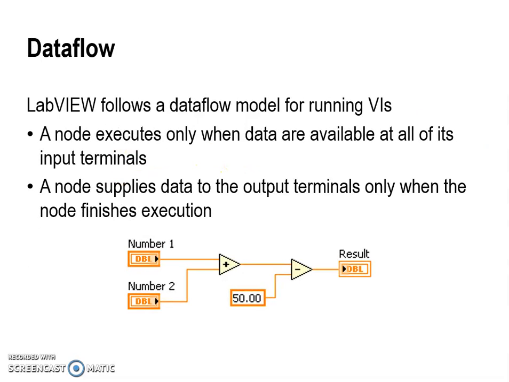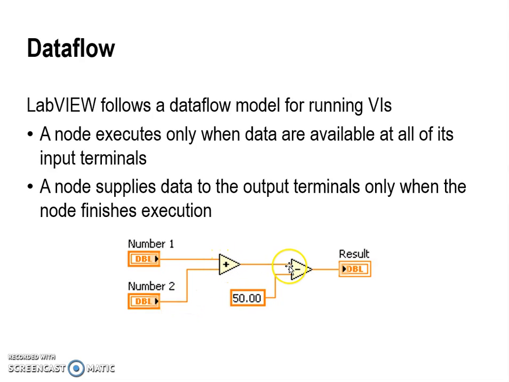Typically, it works correctly. LabVIEW is referred to as a data flow type of programming, which means, for example, if I have two numeric controls on the front panel and I want to supply some data to my program, this addition node will not execute until it receives data on all of the inputs. So there would have to be data here and data here from my control number 2 on the front panel, and then it would execute.